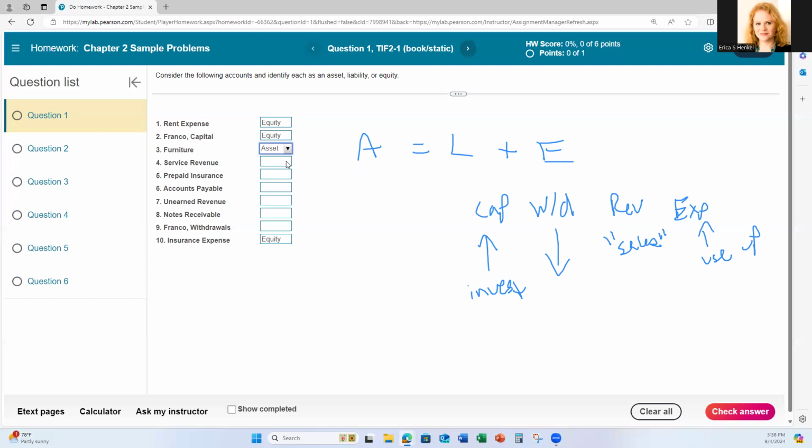All right, so service revenue. This is our sales creates value. That is a subsection of equity. Prepaid insurance. So we haven't talked about this concept yet, but prepaid usually means that we've paid something ahead and somebody owes us future performance of some kind. So if I prepay for my insurance, I've paid in advance and my company owes me insurance coverage.